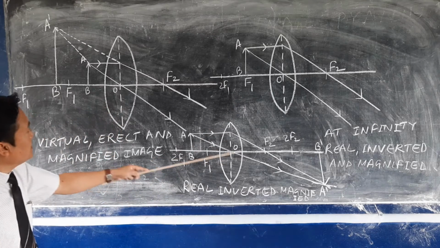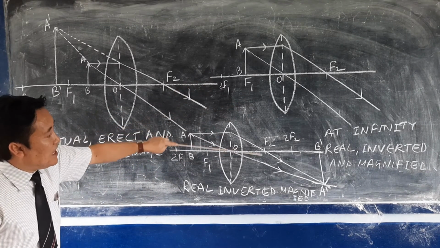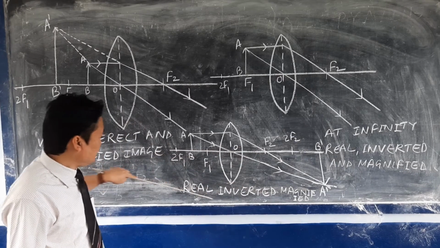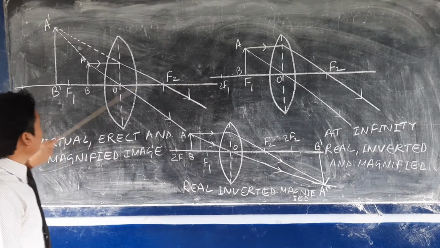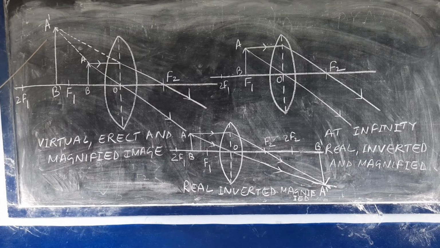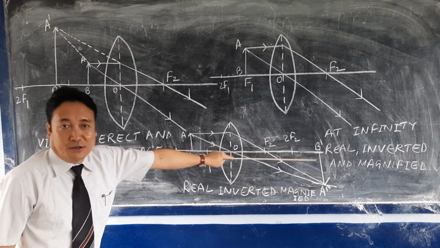So when we see this, all the convex lenses are forming the real image here. Only in one case, the convex lens forms a virtual image. That means virtual images are formed when the object is placed between the optical center and the first focal point. Otherwise, the images are always real.